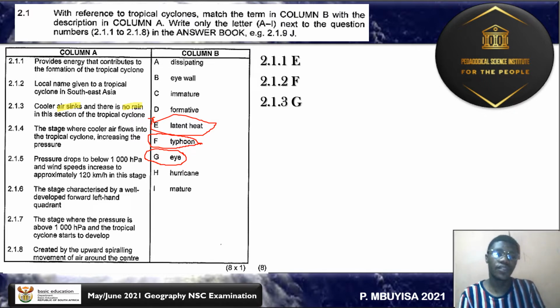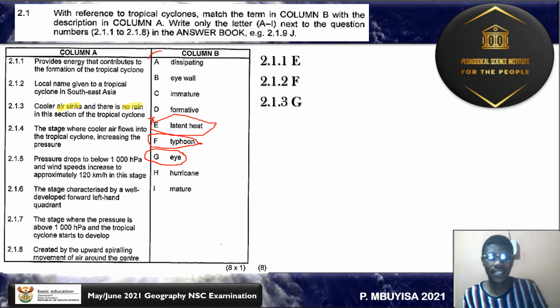Okay, next one, the stage where cooler air flows into the tropical cyclone, increasing the pressure. So when we have cool air flowing into the system, increasing the pressure, we call that stage the dissipating stage. Let's remember that.